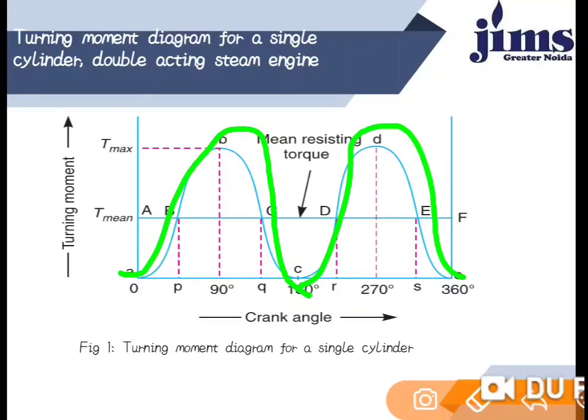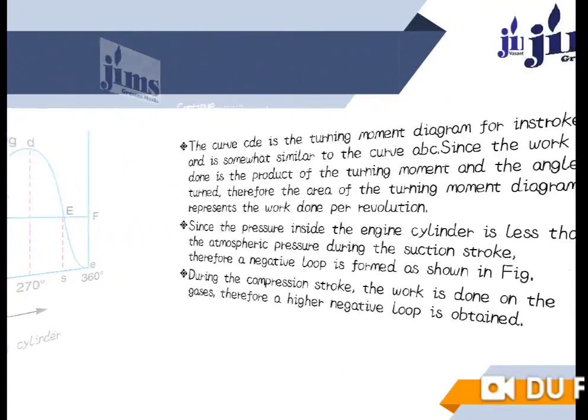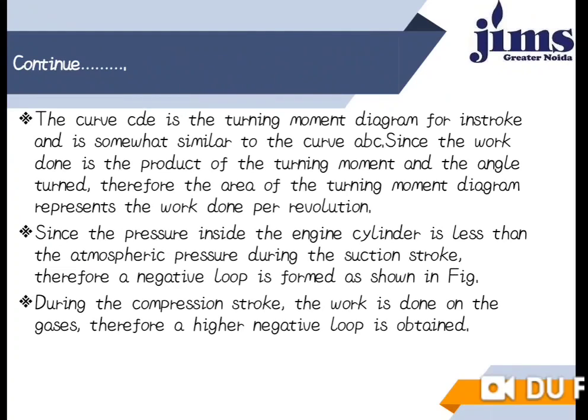Okay, now since the work done is the product of turning moment and the crank angle, because we also derive an expression T into theta, that is equivalent to work done per revolution.